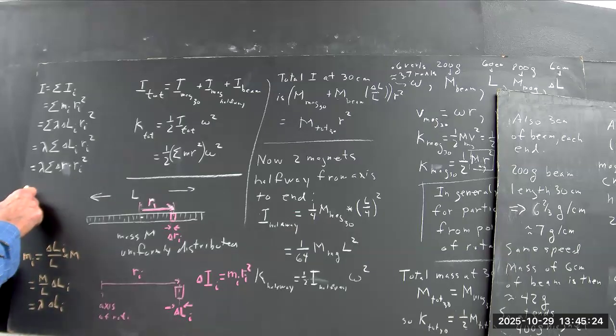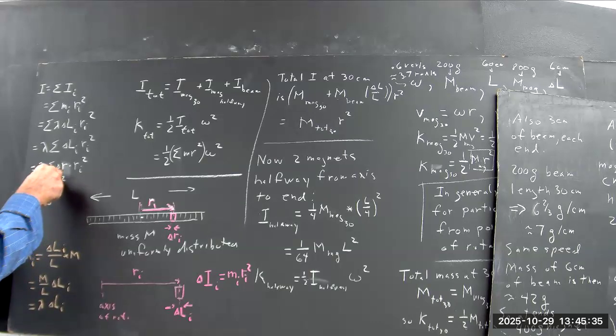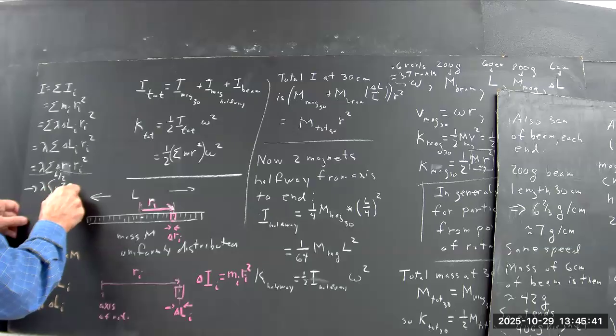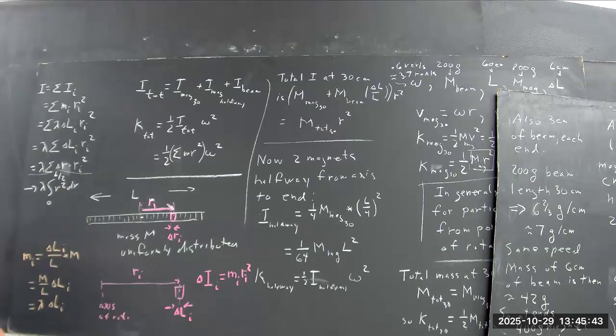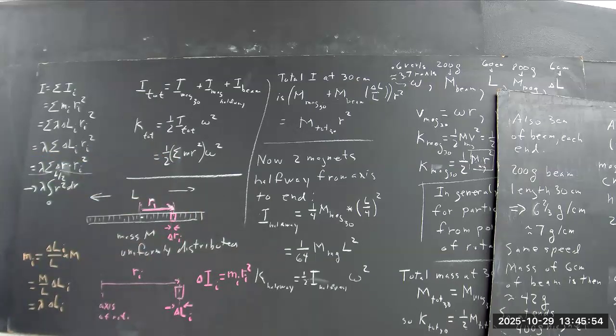And what you get is this approaches the integral from 0 to L over 2 of R squared dR. Now that's just for this part of the beam. This part of the beam will, of course, have the same moment of inertia.